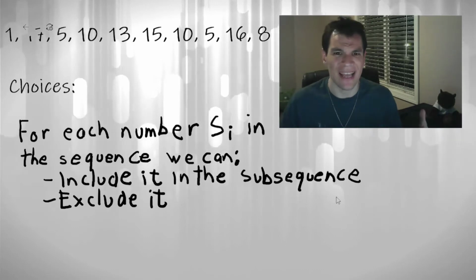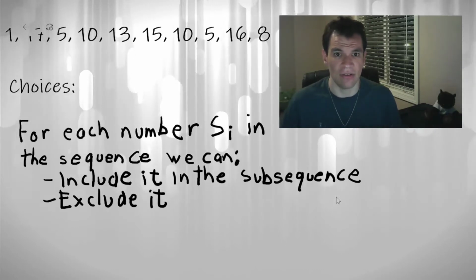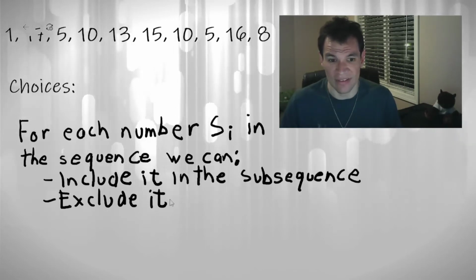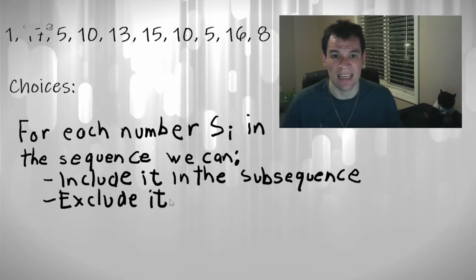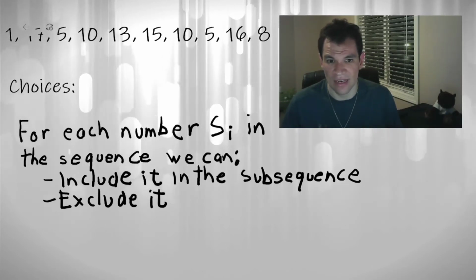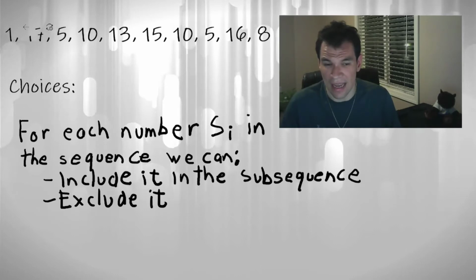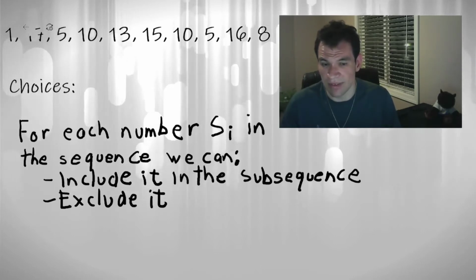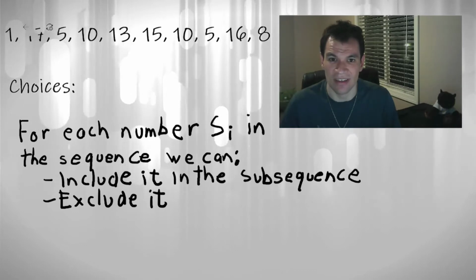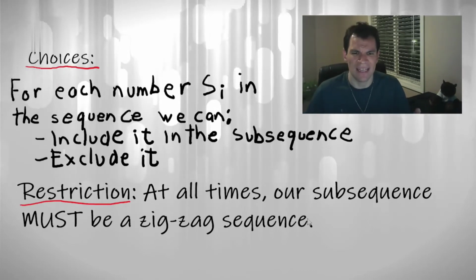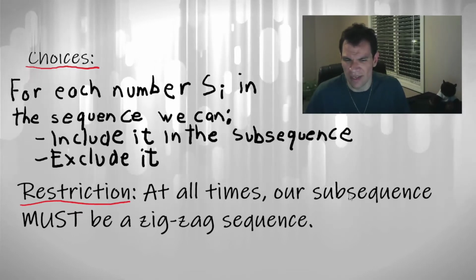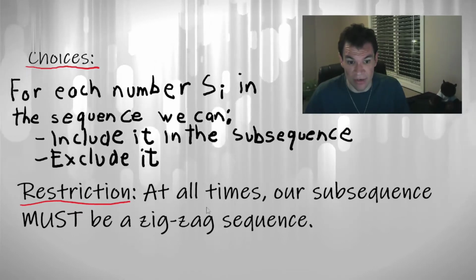But we cannot just include all the numbers. There is also a restriction that we need to fulfill. And that restriction is that at all times our subsequence must be a zigzag sequence. Now with this in mind, note that this restriction is not descriptive enough.